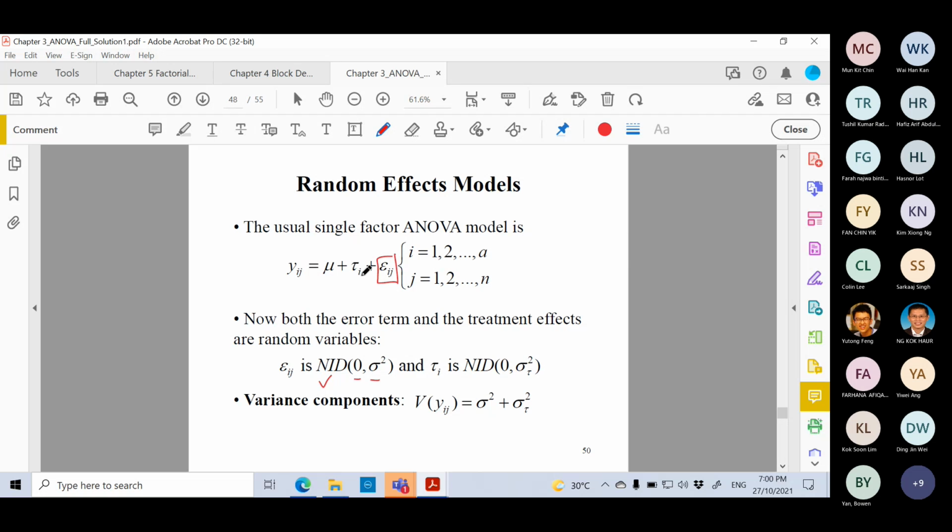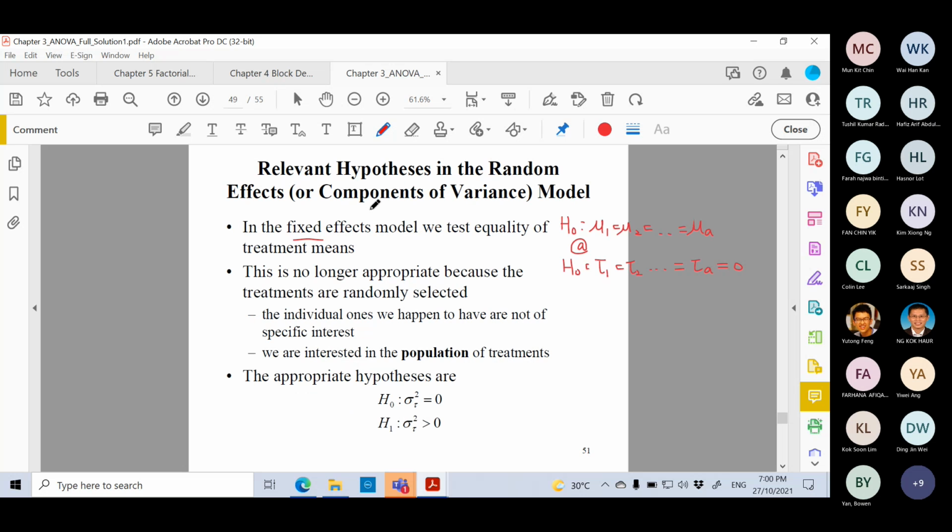So if the variation of the randomness of tau i is equal to 0, it means that they don't have variation, so almost all of them you can treat as common. Therefore, under the random effect model, our null and alternative hypotheses are written in terms of testing the variance, not testing the means themselves anymore. Because in a fixed effect model, we are testing each one.